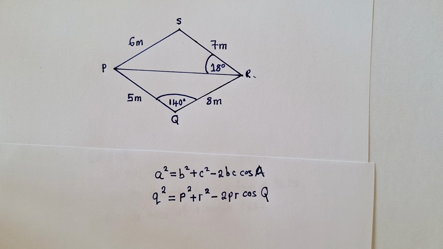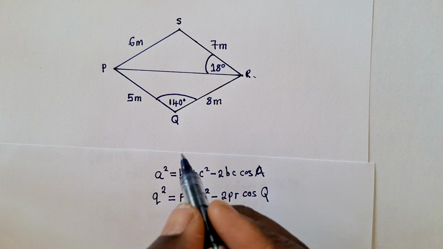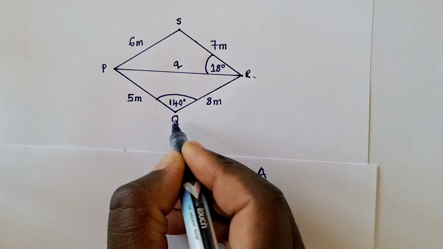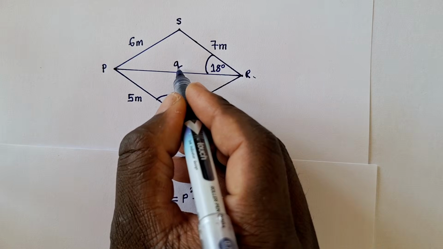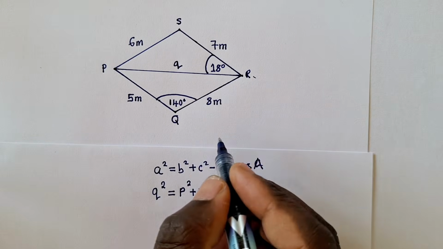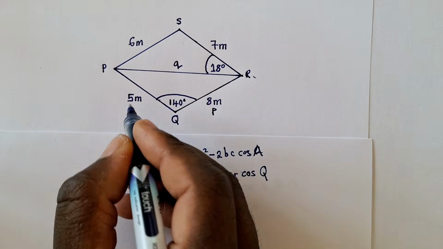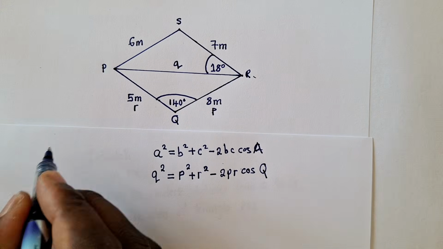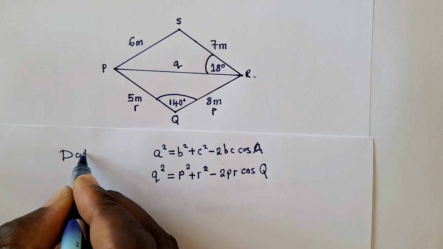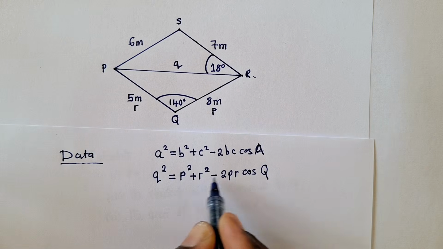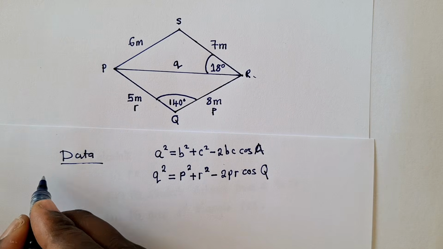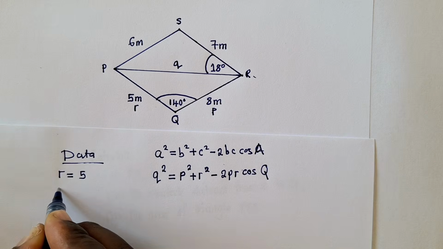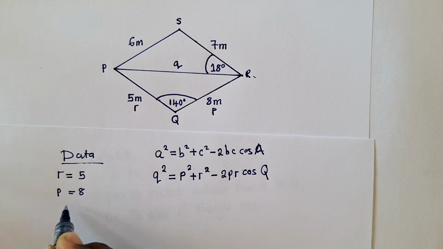Okay? So now, after doing this, guys, we can label. We can say this is our small letter q. You see, capital letter Q, the side which is opposite is small letter q. Here, small letter p. Here, small letter r. So after getting that, it's very easy for you to gather your data, which you're supposed to use here. So for r, small letter, it's a 5. For p, it's 8.